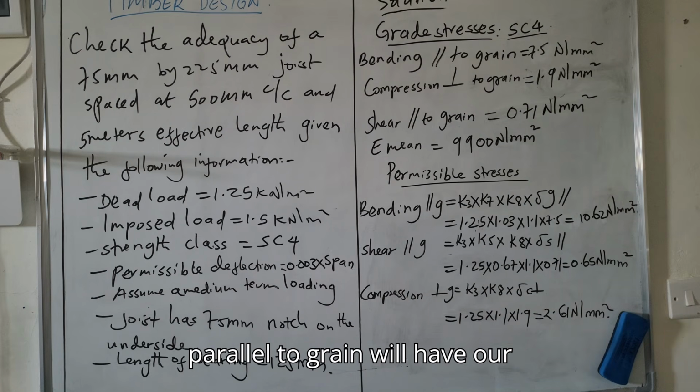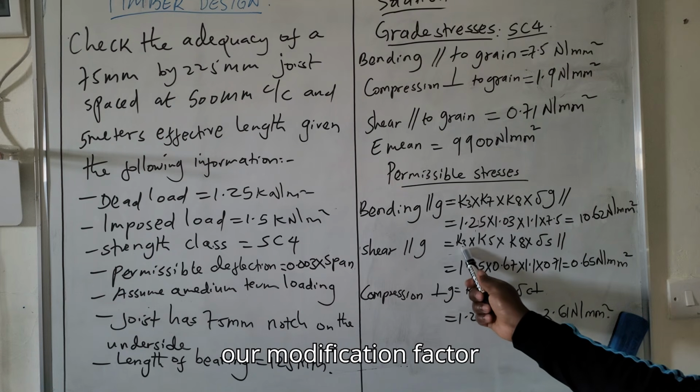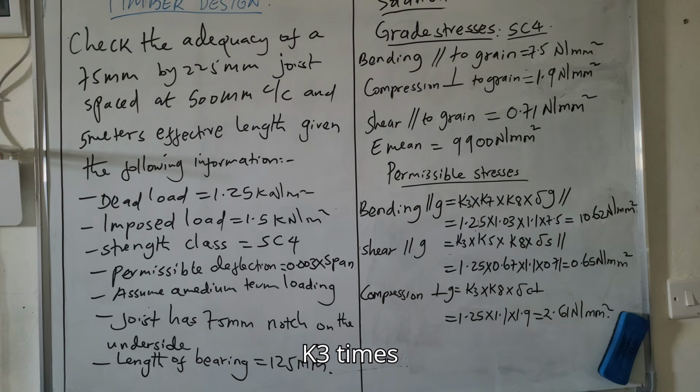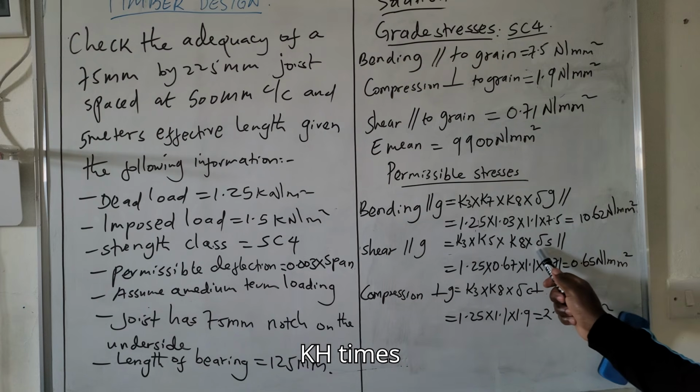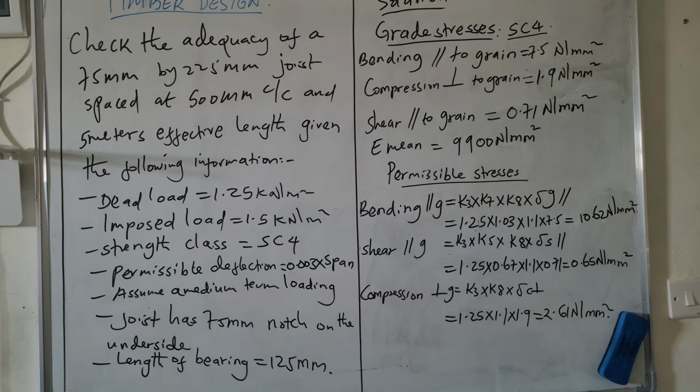So shear parallel to grain will have our modification factor K3 times K5, again K5 only modifies shear parallel to grain, times K8 times stress parallel to grain in shear.